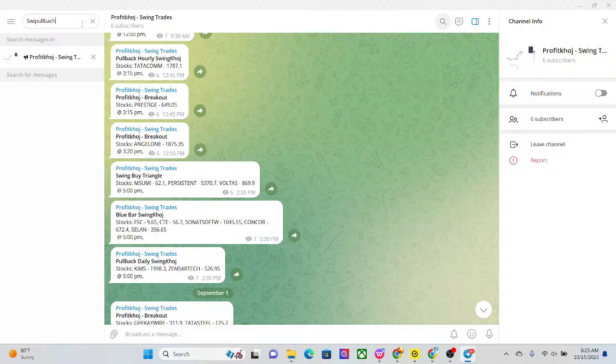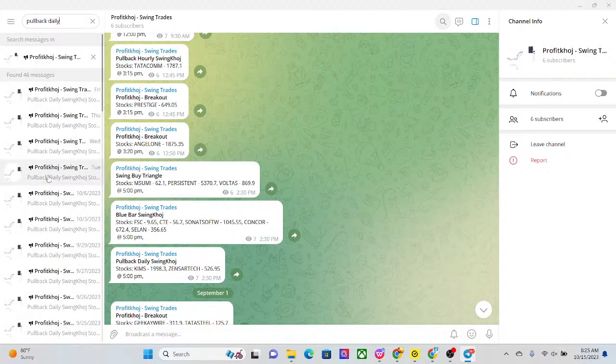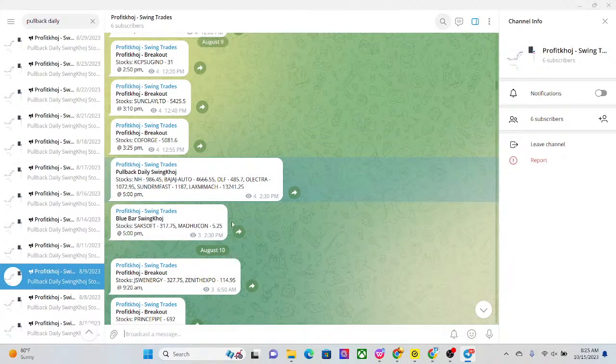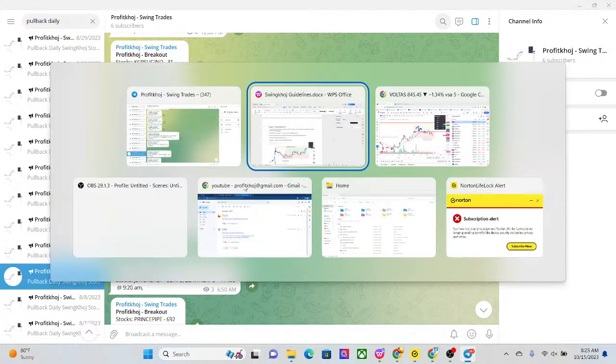Pullback deal. Okay, let's go a little far. You can see here some stocks are here. 8 September, Bajaj Auto, DLF. We'll go DLF and Bajaj Auto.